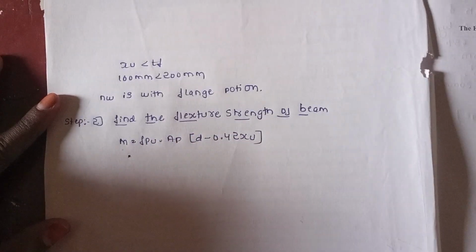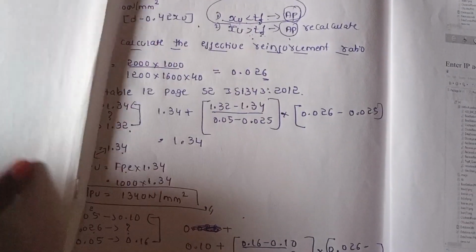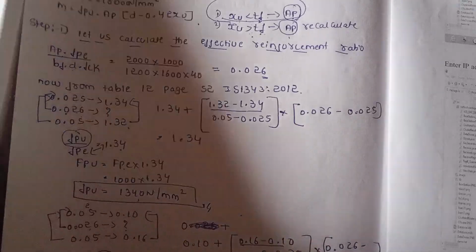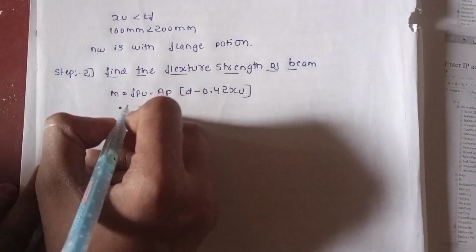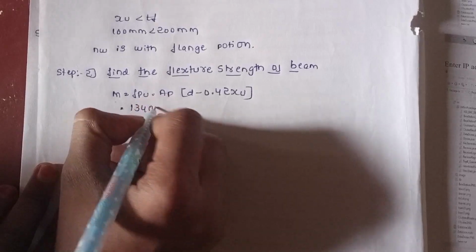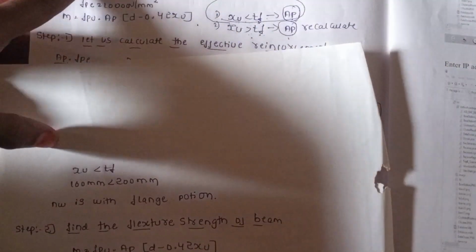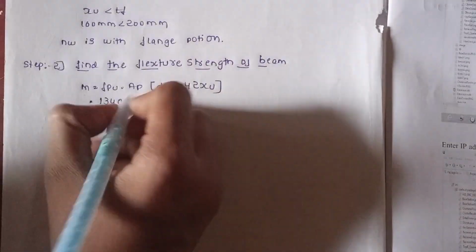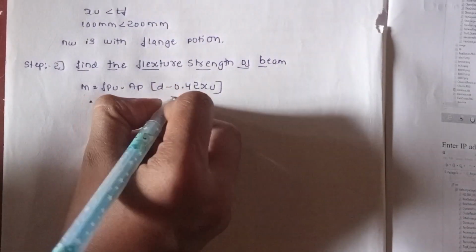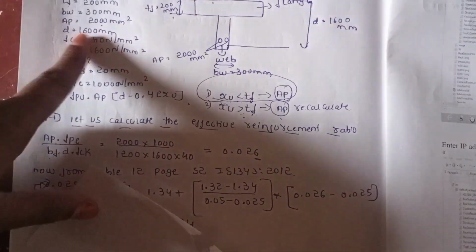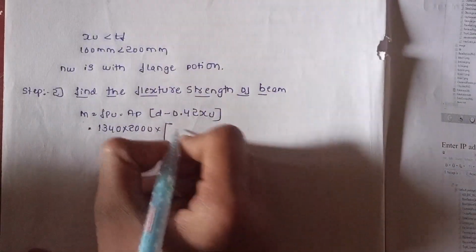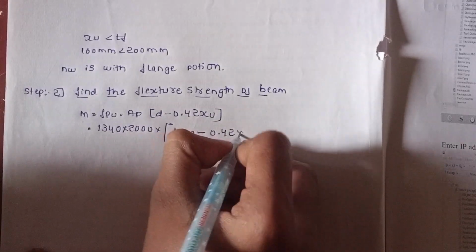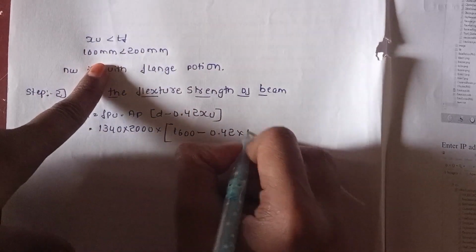FPU value is 1340, so 1340 into AP value given in the question, 2000, into d value 1600 minus 0.42 into XU value 160 mm.